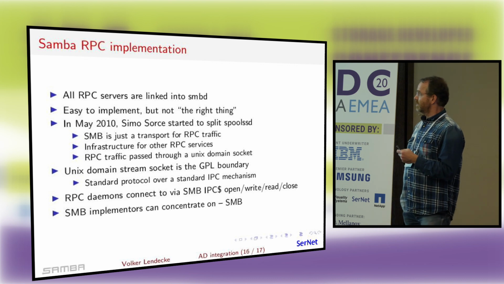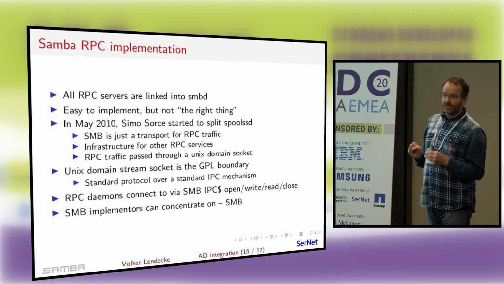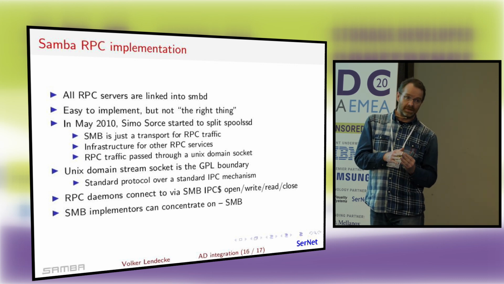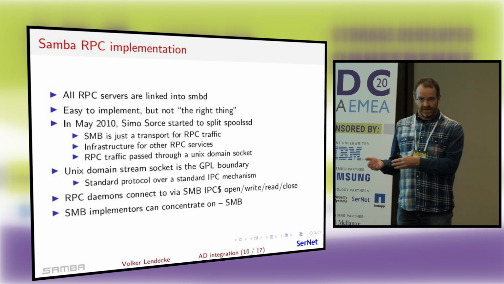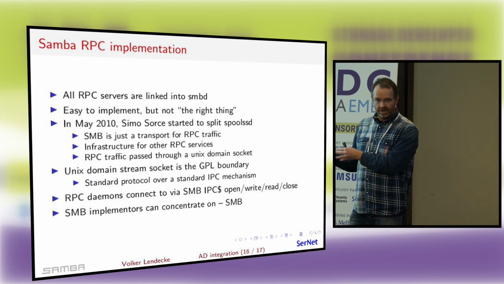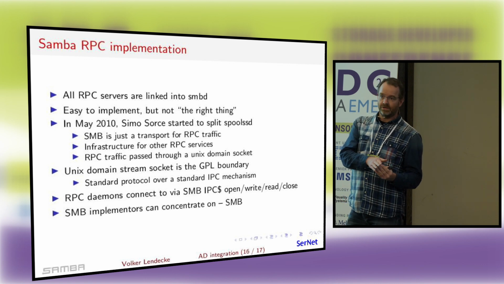And this is the foundation to really do RPC the right way, namely completely split the transport, which is SMB named pipes, or TCP, which we don't have to deal with ourselves, from the implementation of RPC. So named pipes is a business that SMBD has to take care of.